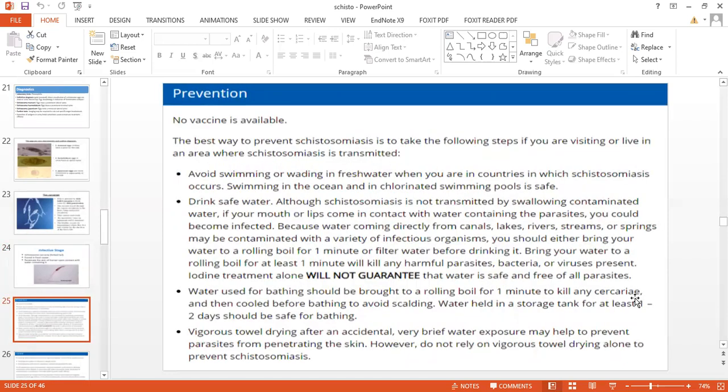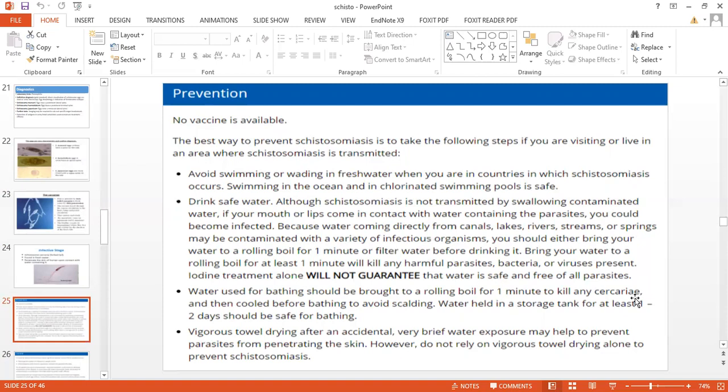How we can prevent this disease depends all upon prevention, and there is no vaccine available. The best way to prevent it is to take the following measures: avoid swimming in freshwater in the countries where schistosomiasis occurs. Swimming in the ocean and in a chlorinated swimming pool is safe, while it's advised to have safe drinking water.